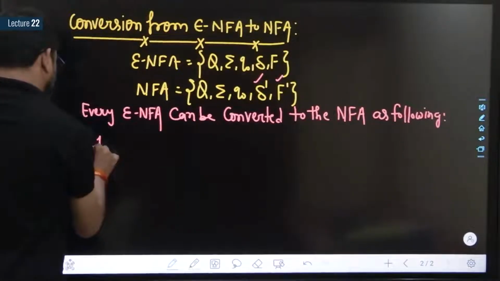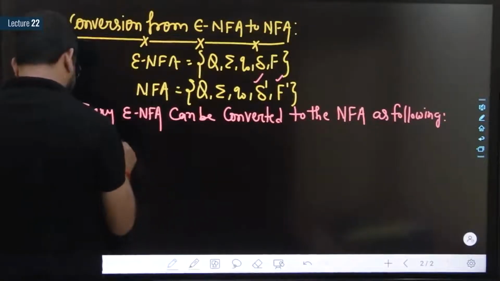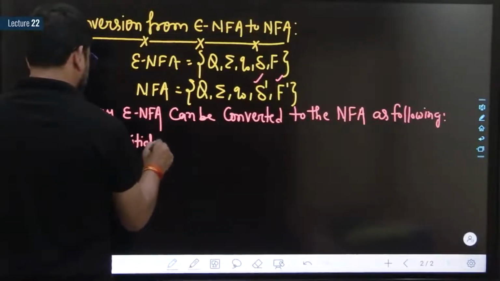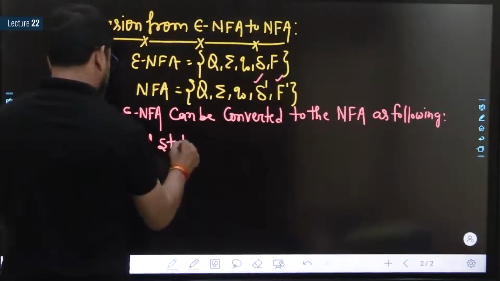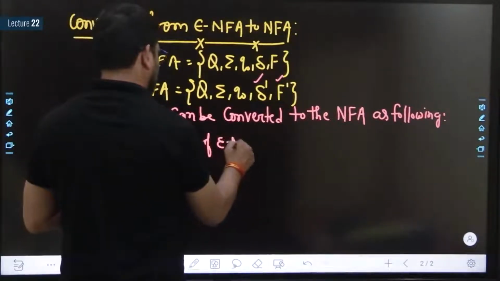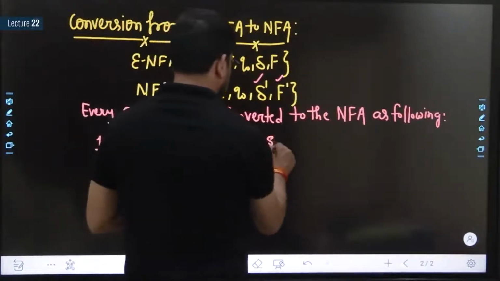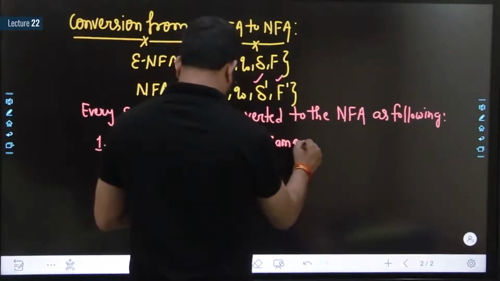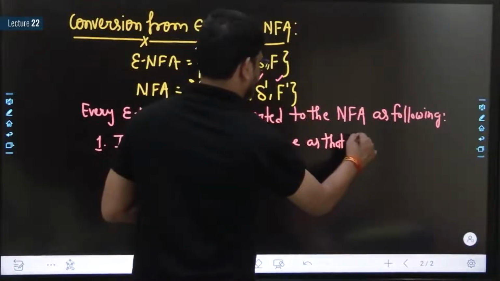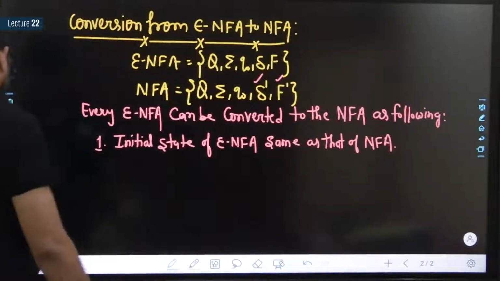First point, the initial state is the same as in Epsilon-NFA. The initial state of Epsilon-NFA is the same as that of NFA. Clear? Initial state is same.